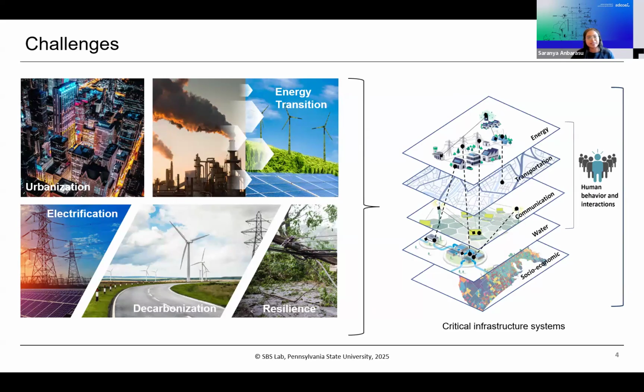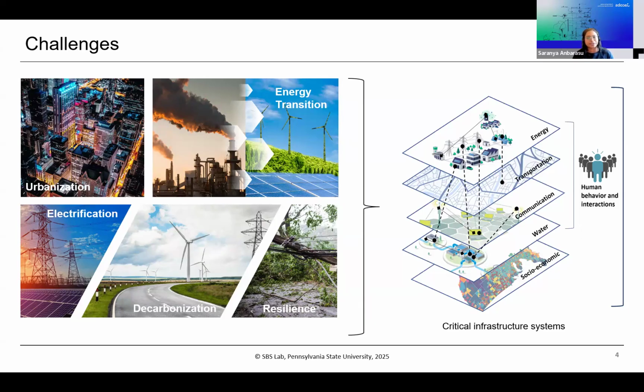As you see, these challenges put stress on critical infrastructure systems. Most of these systems, which you see on the right, are often treated as individual systems. We do modeling for the energy system and treat it as one entity, but these are actually interdependent systems with many interlinks.